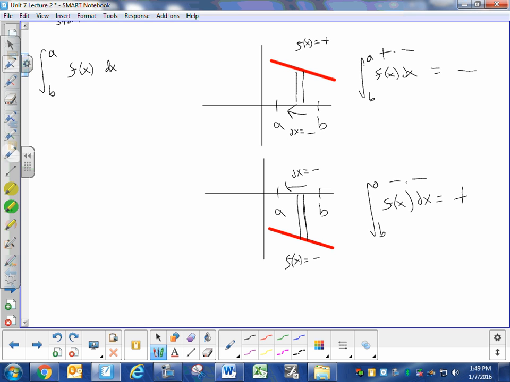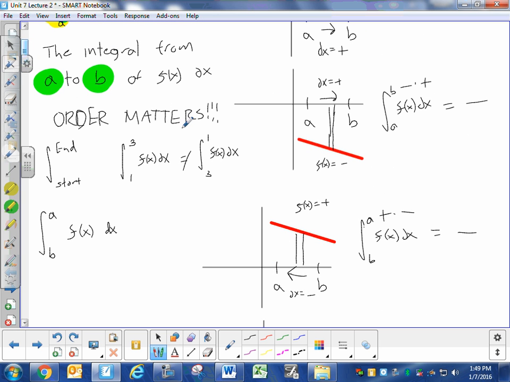So, 1 to 3 compared to 3 to 1, they're not the same, right? But what are they going to be? Not reciprocals. That's when you have 1 over. Not inverses. It's an O word. Opposites.